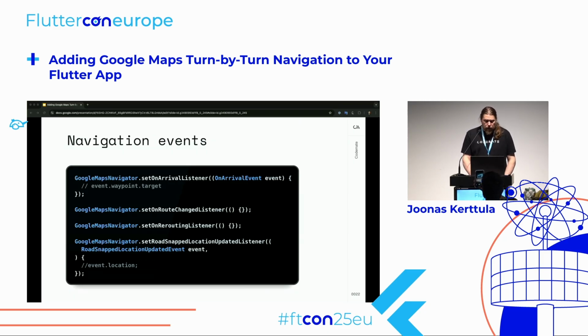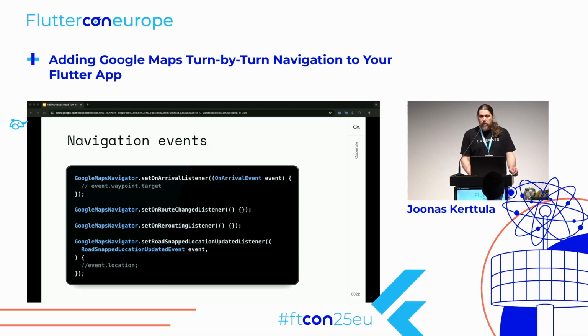And there are cases when the route changes. For example, the Navigation SDK can give you multiple options for the routes, like the official Google Maps application, and the user can click different routes. Every time that happens, the on route changed event fires, and you can do actions on that.